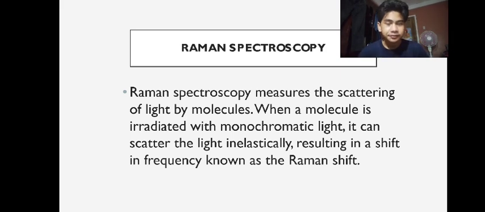On the other hand, Raman spectrometry measures the scattering of light by molecules. When a molecule is irradiated with monochromatic light, it can scatter the light inelastically, resulting in a shift in frequency known as Raman shift.